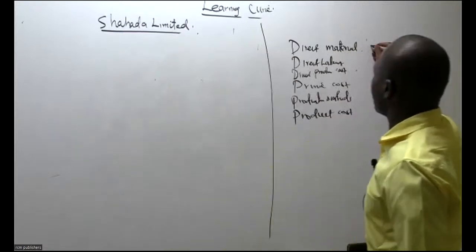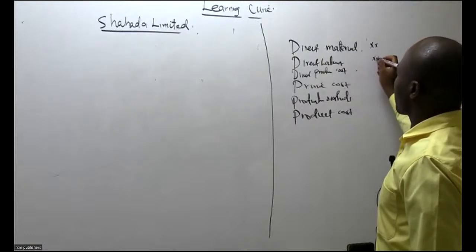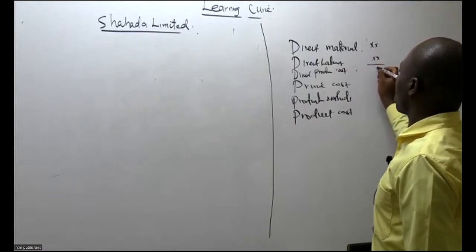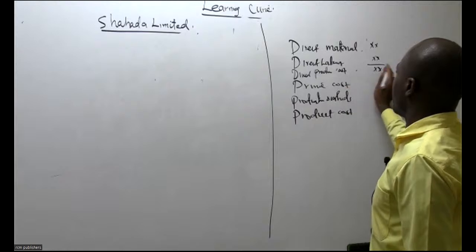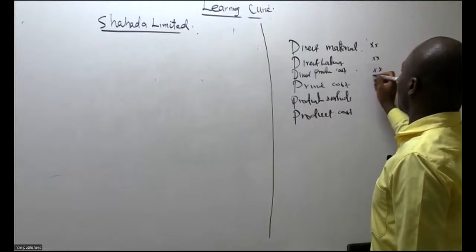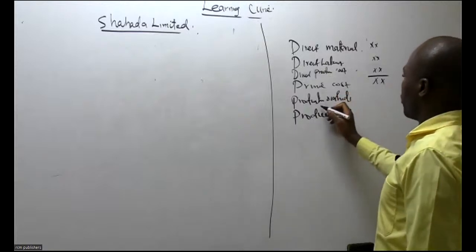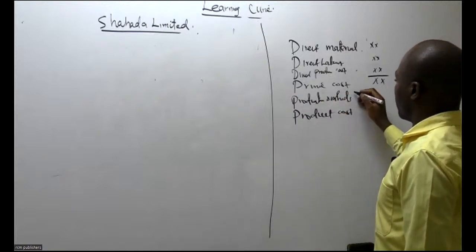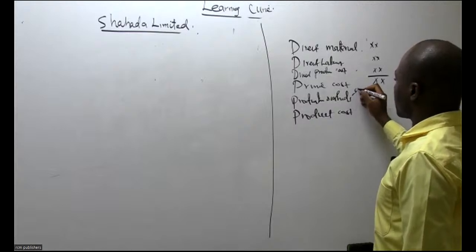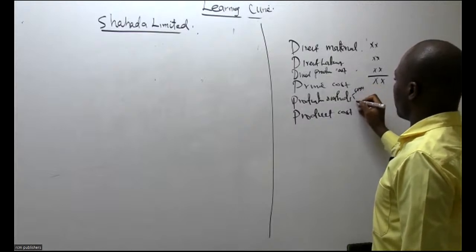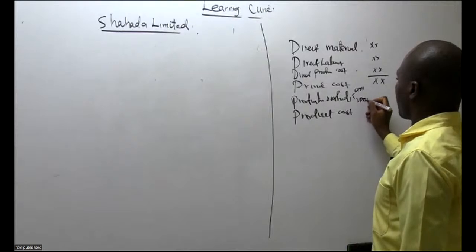So direct material, direct labor, then we get prime cost. After getting prime cost, we add production overheads, which we know very well. We have fixed production overhead, we have variable production overhead.